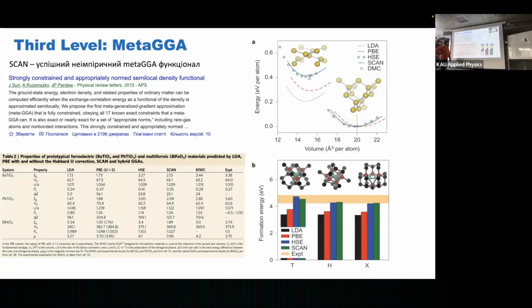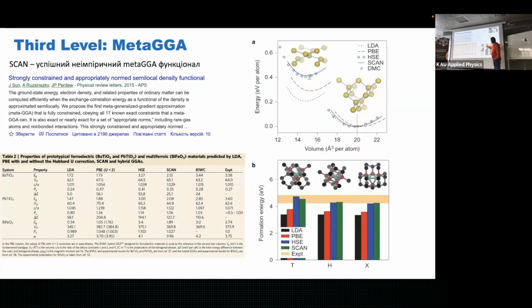So we can see improvement, but it's rather far from experiment. But it's better than previous potentials. I don't remember what X, H, and T are. I think they are different systems.